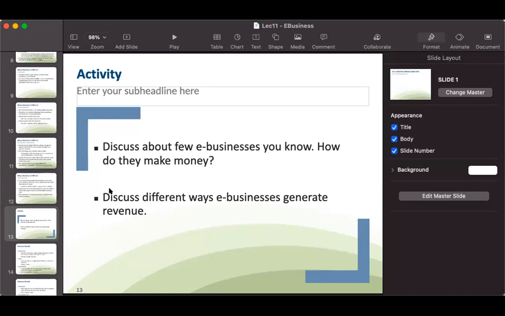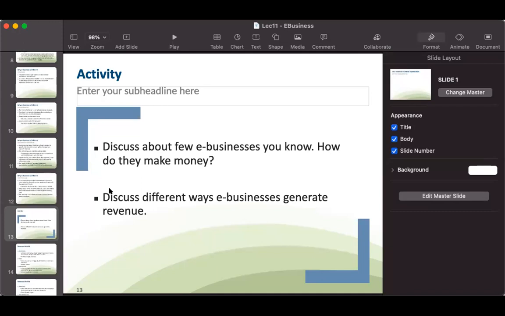So make sure that you come up with some different e-businesses. That means don't jot down e-businesses using the same mode of revenue, right?